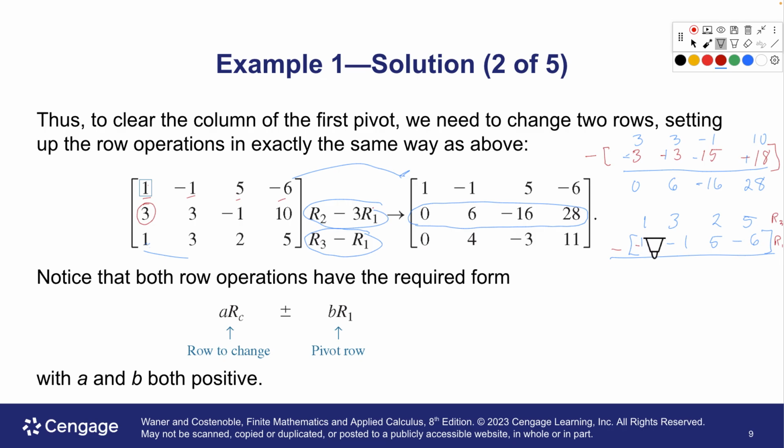So 1 minus 1 is 0. This becomes a plus. 3 plus 1 is 4. This becomes a negative. 2 minus 5 is -3. And a negative and negative become a positive. This becomes 11.